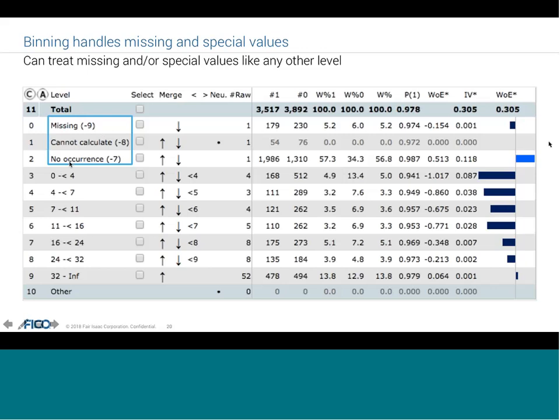Probably the better example is this one, no occurrence. Let's say this is my customer base, and this variable is capturing the number of months since a customer returned an item. So if I categorize it as missing, I'm confounding it with, I really couldn't find any information. It might not yet be a customer. This one is, I've found the customer, but as I'm trying to capture the number of months, the recency since a return, I'm finding this is a group that has never returned an item.